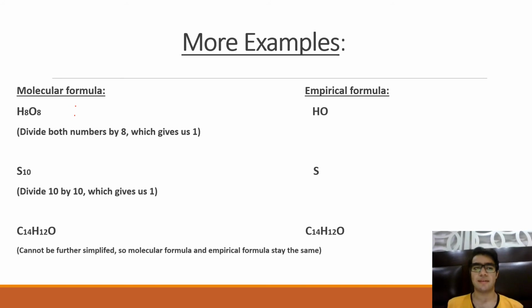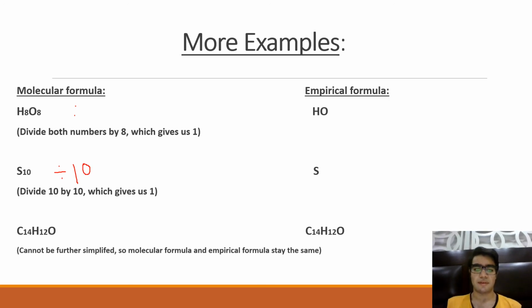So you just divide 10 by 10, which gives you 1. So 10 divided by 10 is 1, so S10 becomes S. The empirical formula is S.